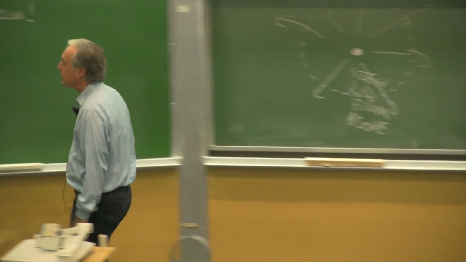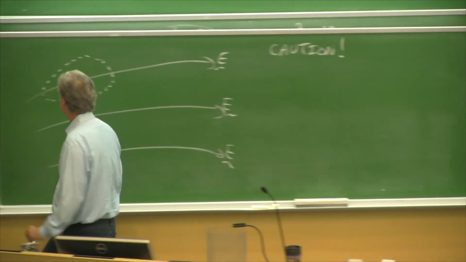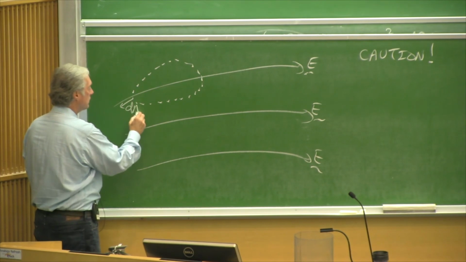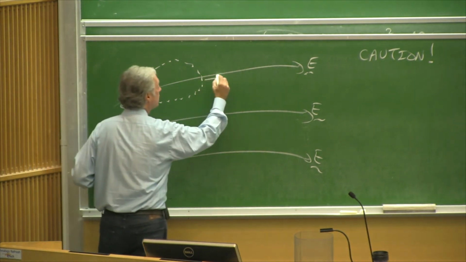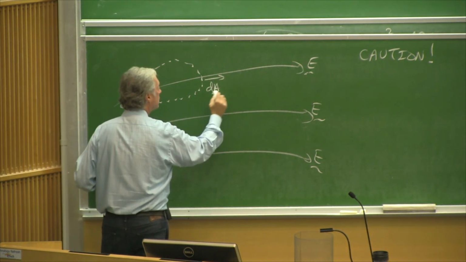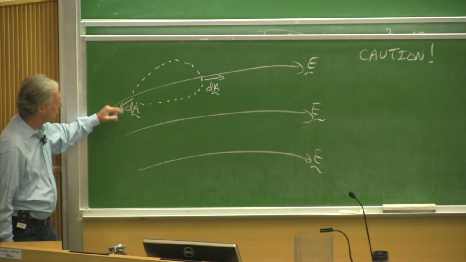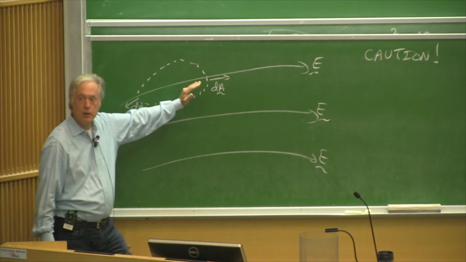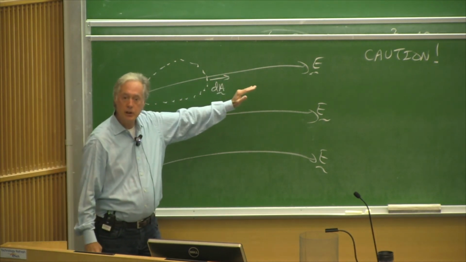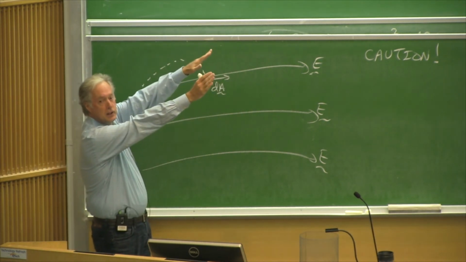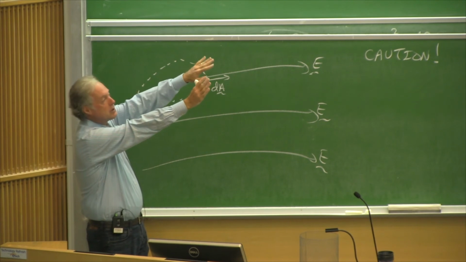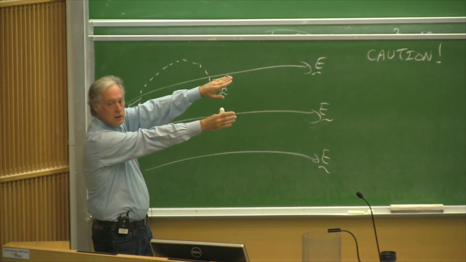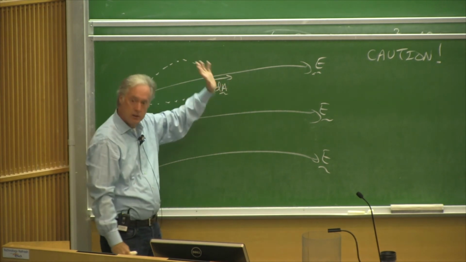So, now we apply this Gauss's law. Here's our dA pointing out, and here's our dA over here pointing out. The direction of the electric field on the right is going out of the surface. So dA and E are in the same direction. What's the cosine factor for that? 1. E dA times 1.